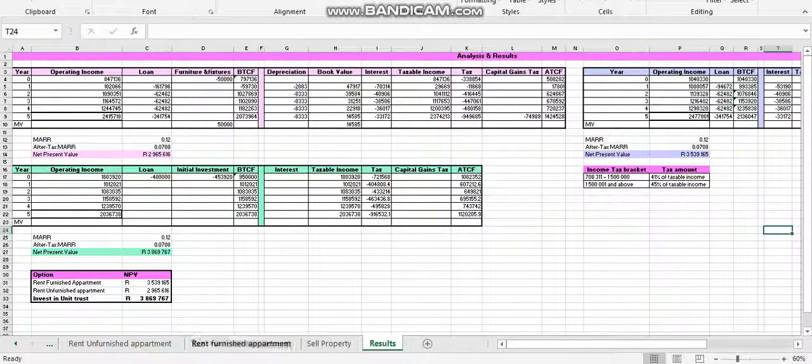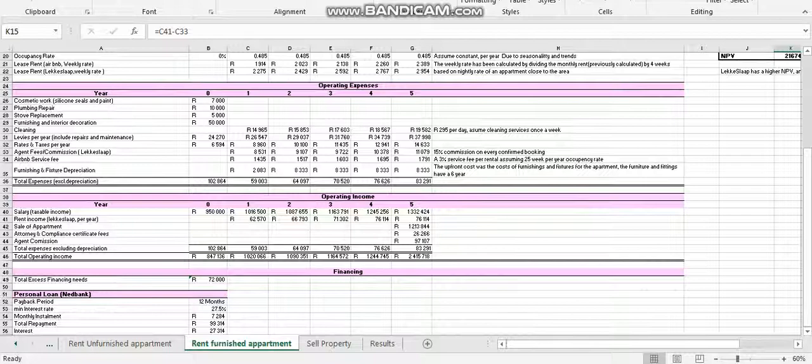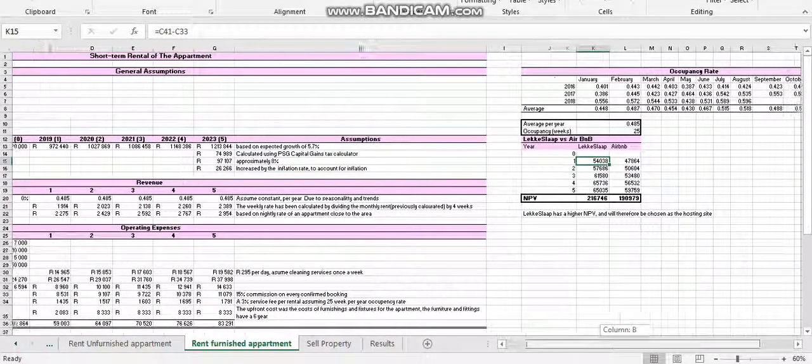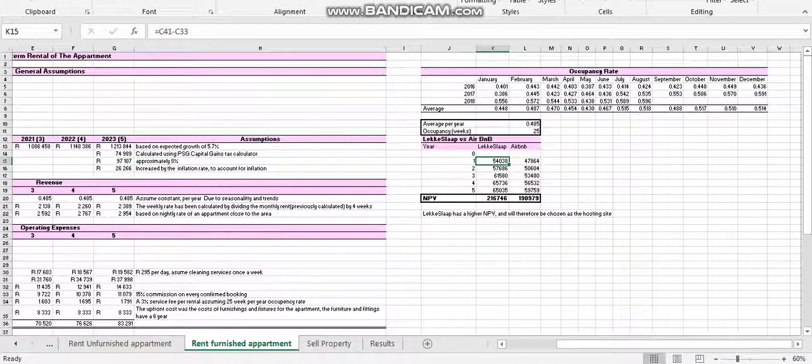The second option was to rent out a furnished apartment using short-term rentals. I assumed the minimum rental period was a week at a time, where there are 52 weeks in a year. Now, firstly, I found the occupancy rates, since in the hospitality industry, these types of things are seasonal and depend on the months and times of year.